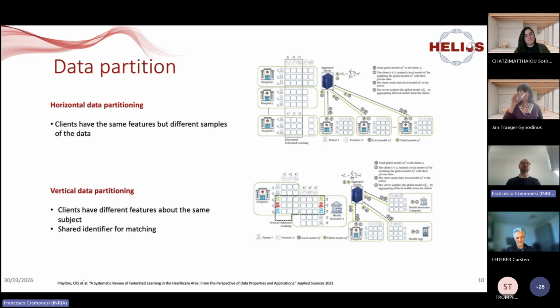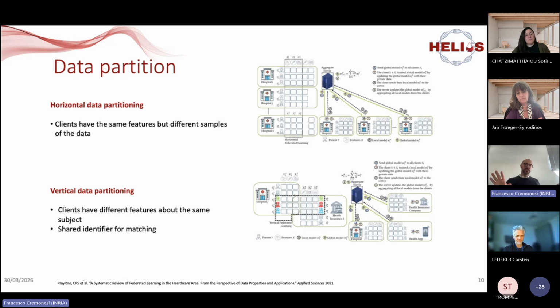So basically, if you've decided to use the imaging data and the clinical data and the genomic data for your machine learning model, then all of the hospitals that are collaborating in your federated learning session will have all three types of data, but the underlying subjects will be different people.